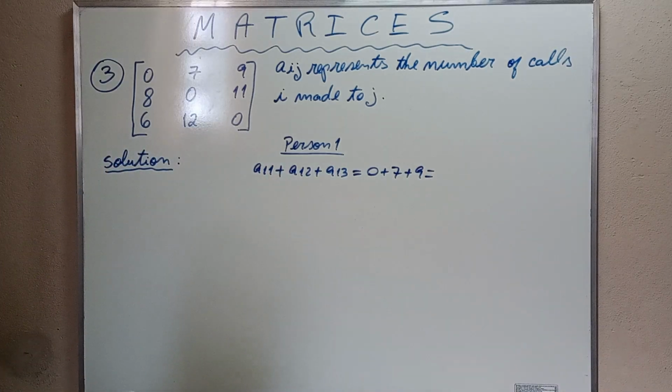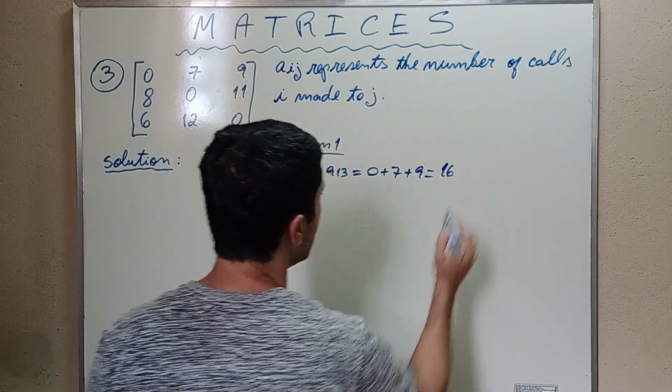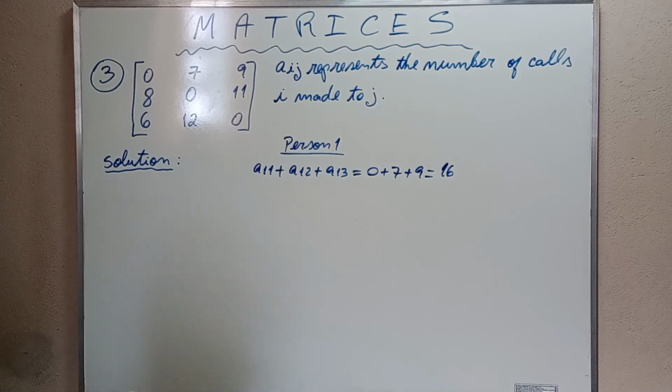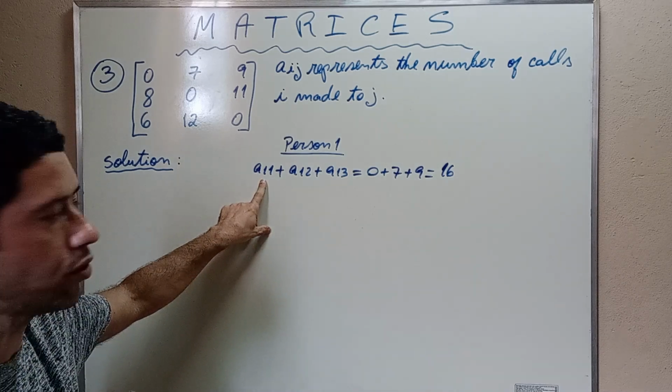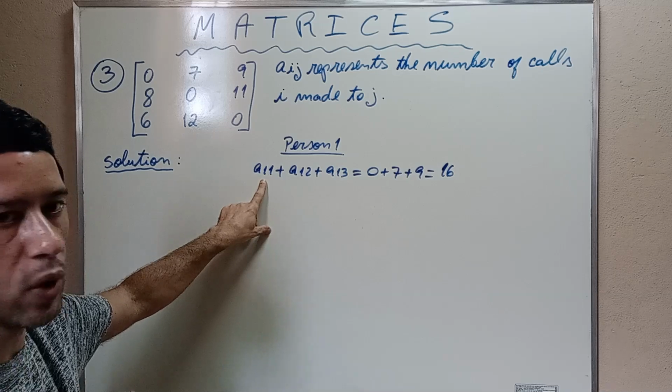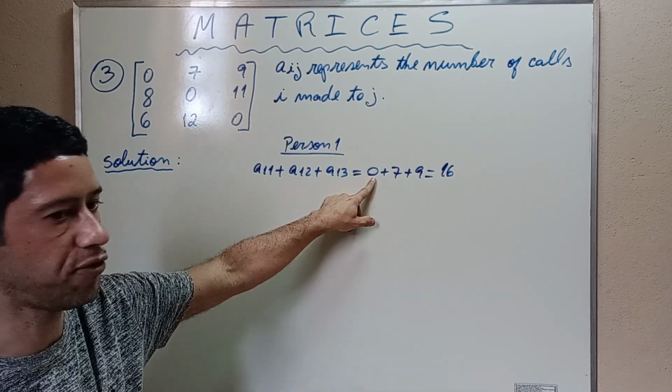This sum, which is equal to 16, represents the number of phone calls made by 1 to J. A11 represents the number of phone calls made by 1 to 1. As you cannot call yourself, it is 0.